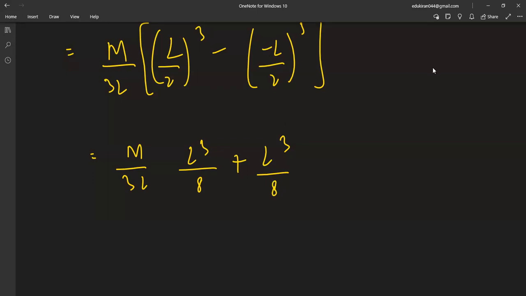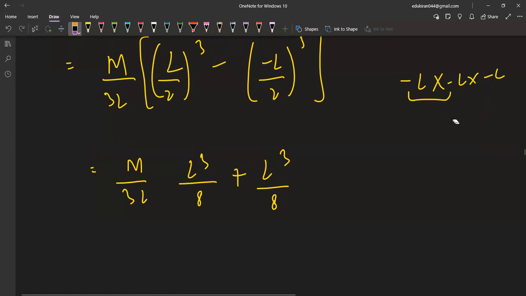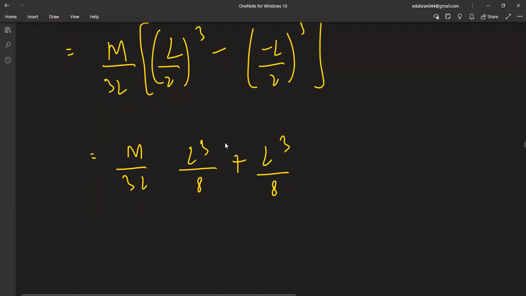See, this is minus L into minus L into minus L. Minus into minus is plus, then again plus into minus will become minus, and this minus with the minus in front will become plus. This is easy, though I'm just telling those who are getting confused. So this becomes L cube by 8 plus L cube by 8, that is 2L cube by 8, right?